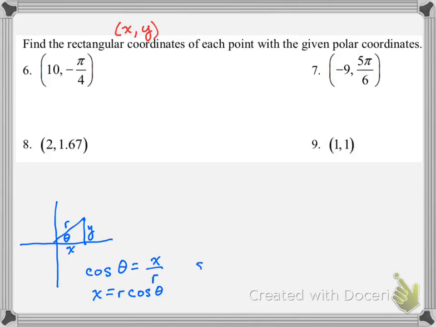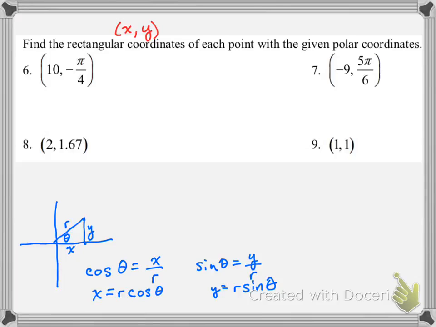And we also know that the sine of theta is equal to y divided by r, which means y is equal to r times the sine of theta. All right, so we're going to be using those formulas.